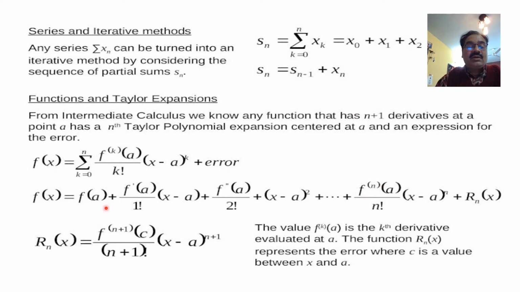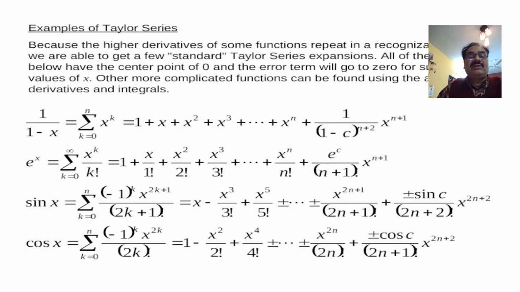The remainder term is f^(n+1)(c) divided by factorial (n+1) into (x minus a) power n+1. We must remember this, it may be useful for you.